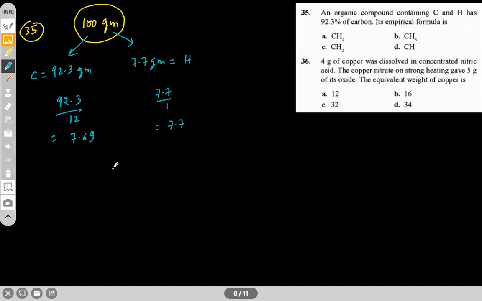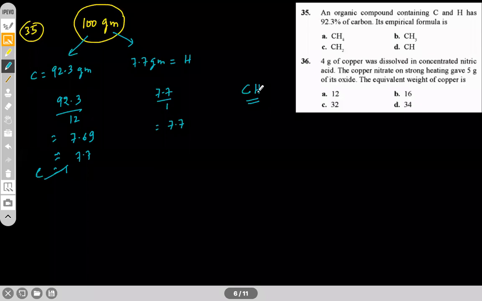So when you find the relative whole number ratio, it will be 1 for carbon, because both values are equal. So we can directly write this as 7.7, and hence the empirical formula will be CH. That is 1 carbon atom and 1 hydrogen atom.